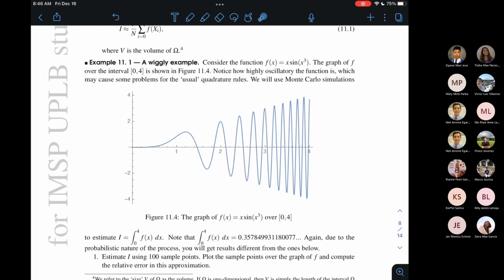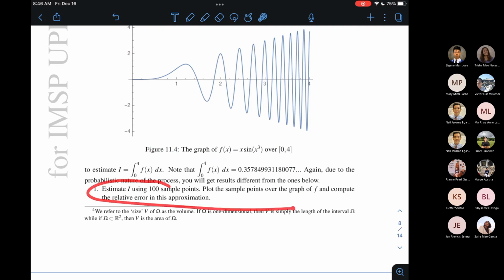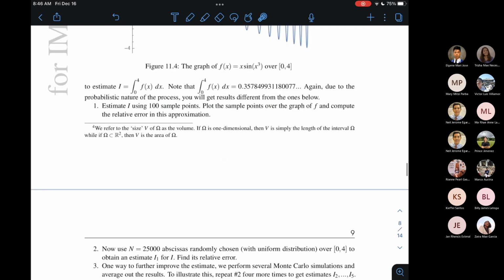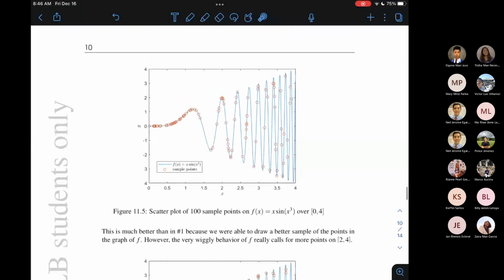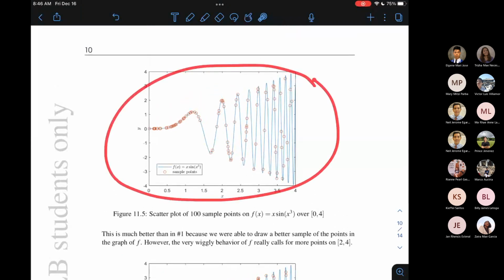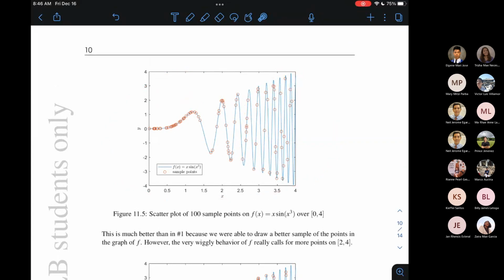Okay, kaya kailangan talaga either marami kang points na gamitin or mag Monte Carlo simulation ka na lamang. And there are several variants of the Monte Carlo simulation. Number one is the simple Monte Carlo simulation, which is illustrated in problem number 1 in the module, wherein we used 100 points. Pumili lang ako ng 100 random points over the integration interval 0 to 4, and then used formula 11.1 para sa kanila. And here's the result. So ito yung 100 sample points or plots ng 100 sample points.